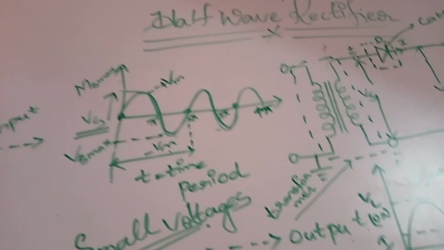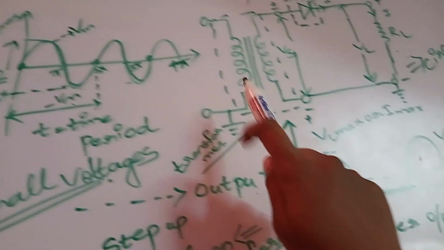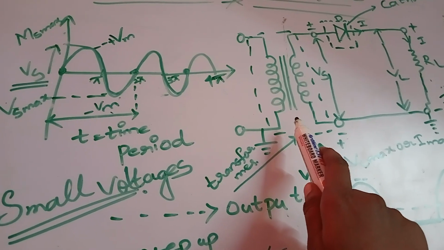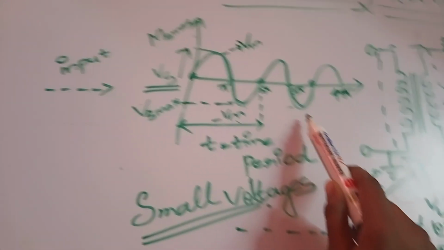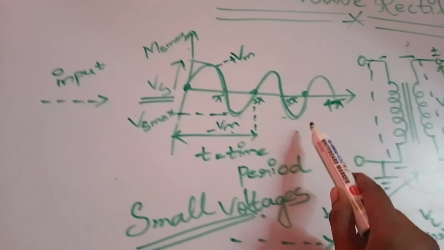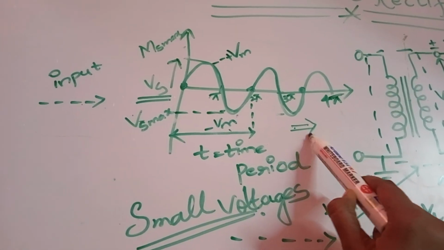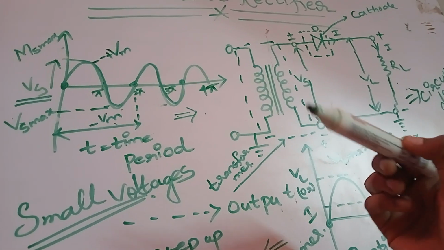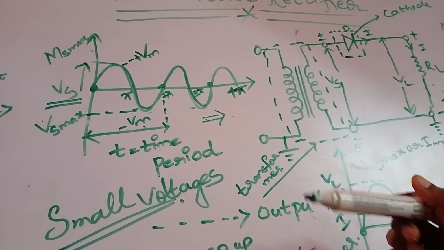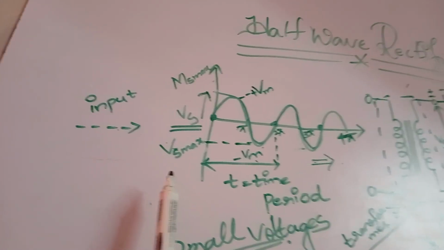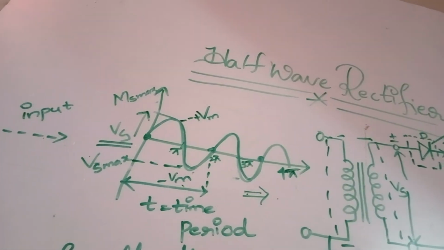Next, this input is given to the transformer here. I have said that we have to convert this voltage to a very low voltage, means we have to decrease the voltage. The maximum voltage we get here is a high voltage, so we don't need that much voltage.